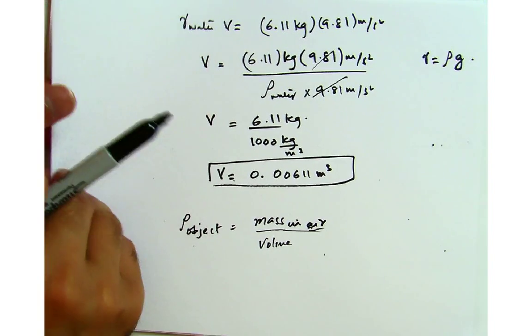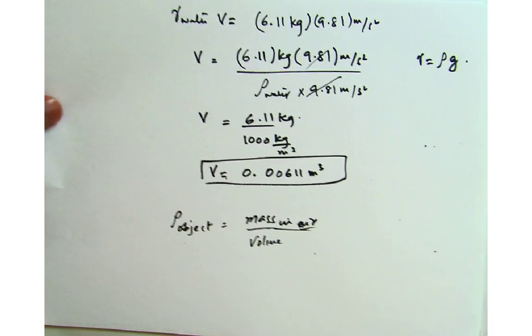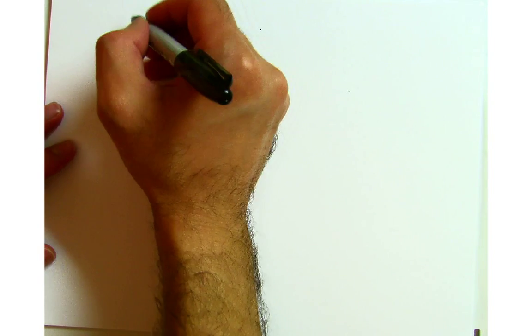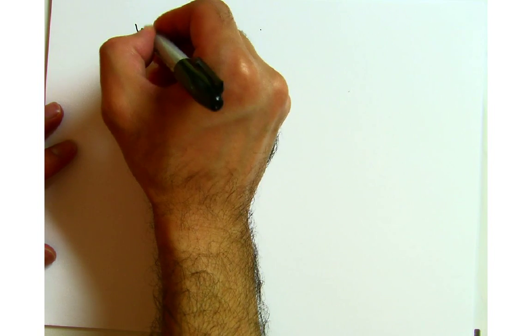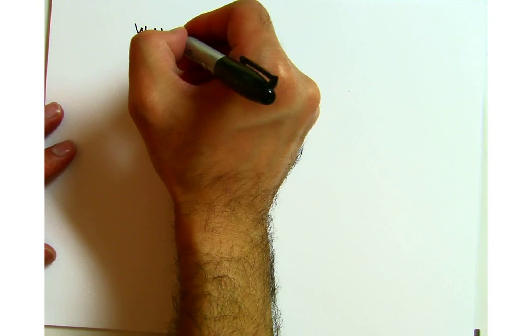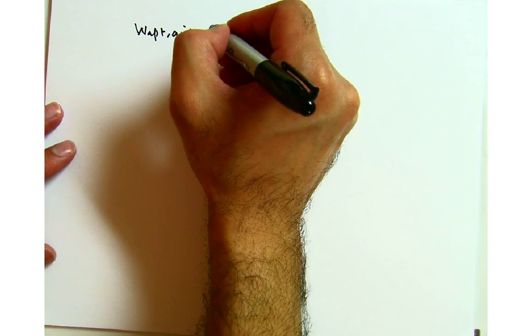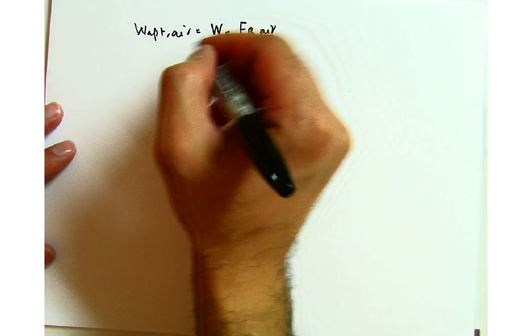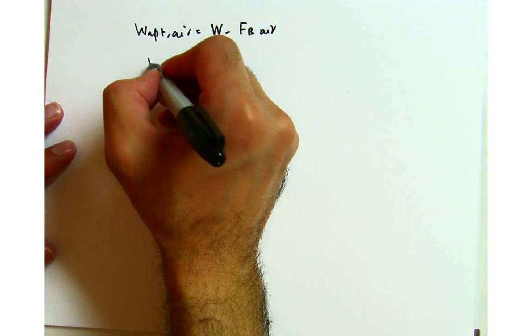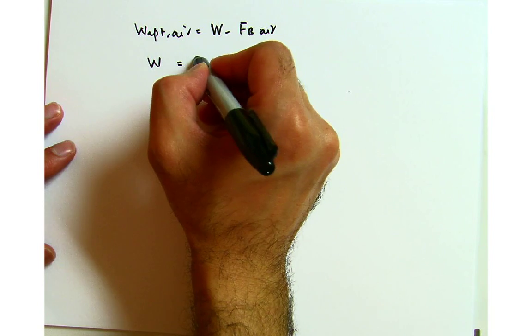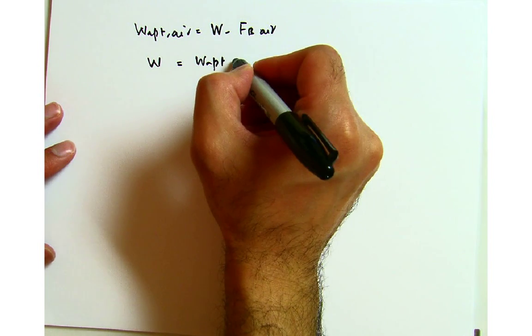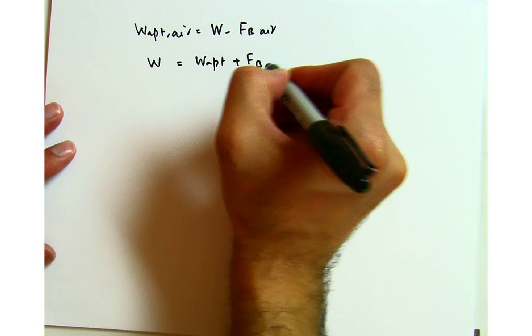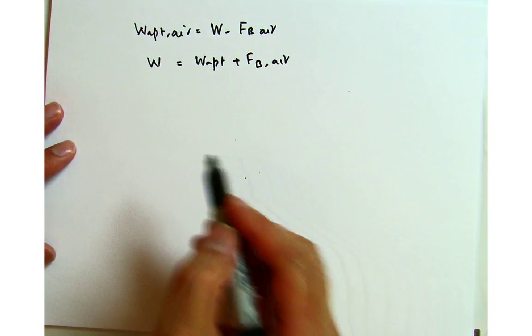Okay, so we have the volume now, and I will also use this relationship to find the density of the water. As you recall, we have this relationship where the apparent weight in air equals W, which is W apparent plus the buoyancy force of the air.